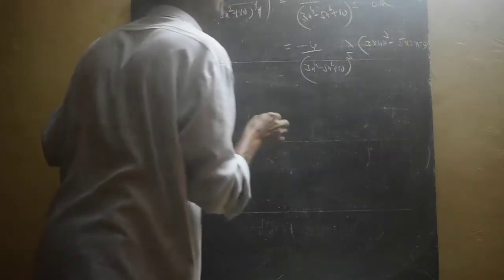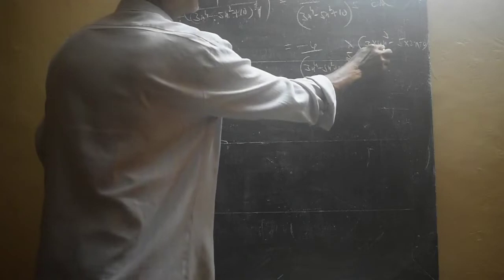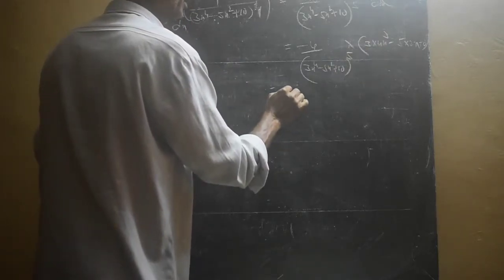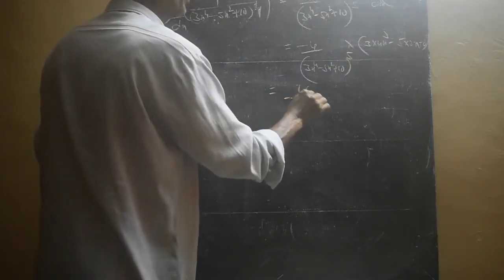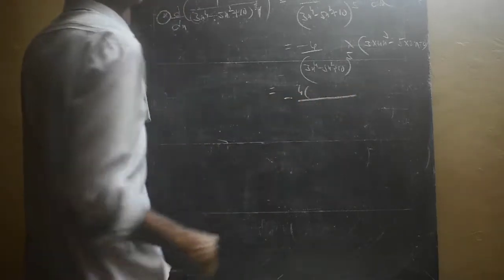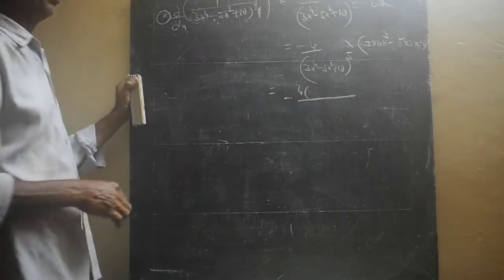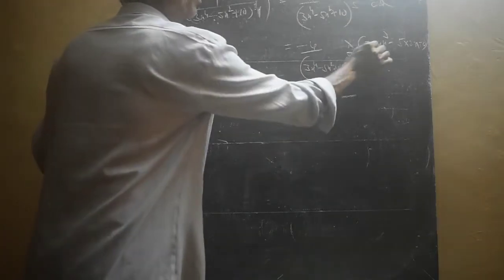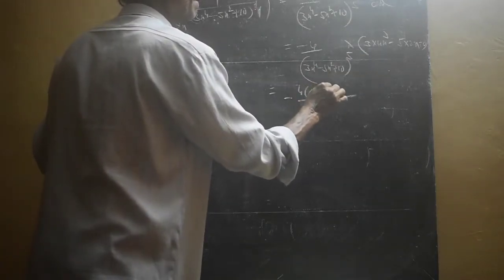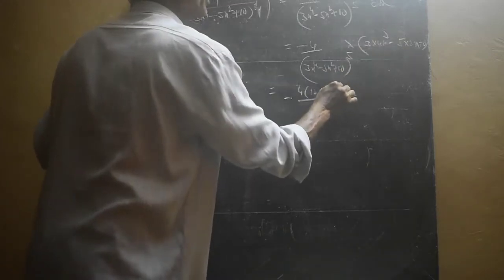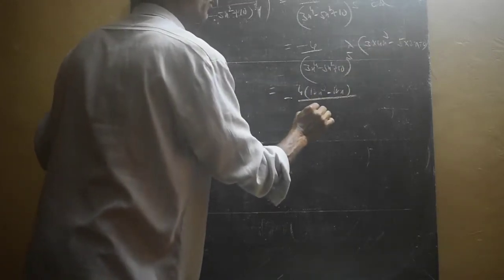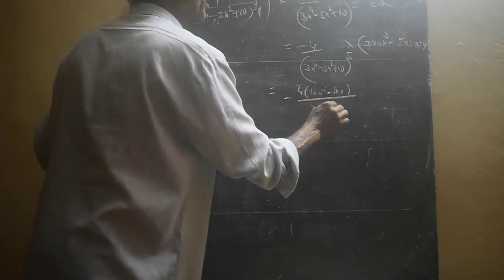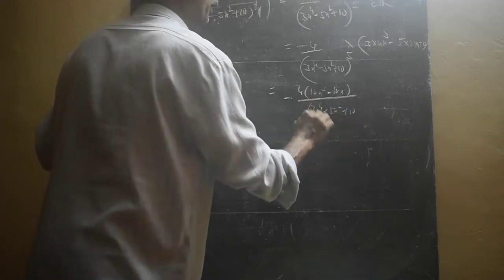Finally it is 3 4s, that's 12x cube, minus 4 into, now I will take the minus in the middle. So far you take minus in the numerator. 4 into 3, 4s, that's 12x cube, minus 5 into 2 is 10x, that's all, upon 3x raised to 4 minus 5x square plus 10 whole raised to 5.